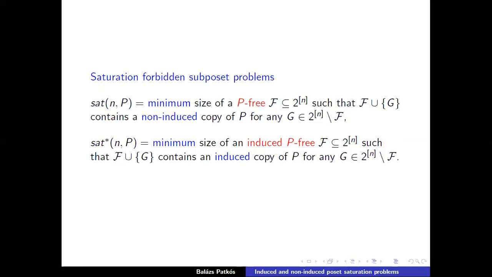What we are looking for is the minimum size of a P-free family such that whenever I add a set that doesn't belong to this family, then after adding this new set, a copy of P is created, a non-induced copy. And if I change non-induced to induced, then I get the induced saturation function.